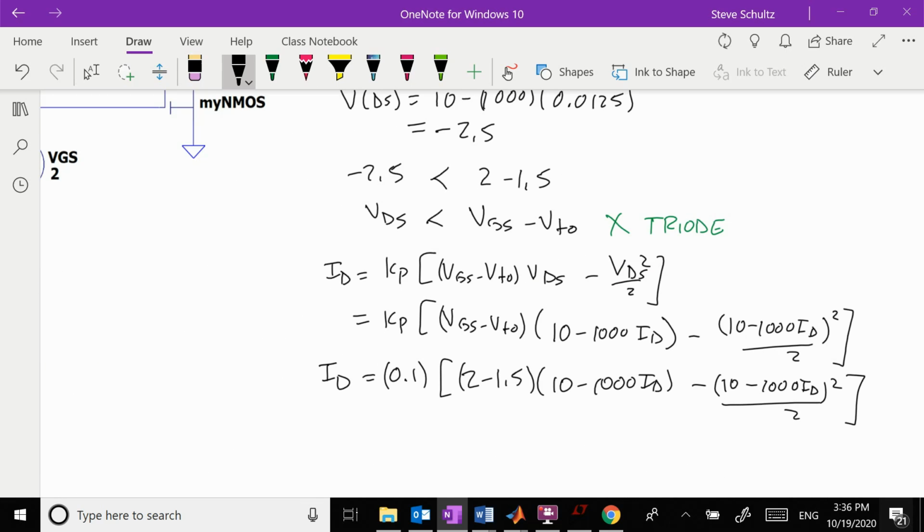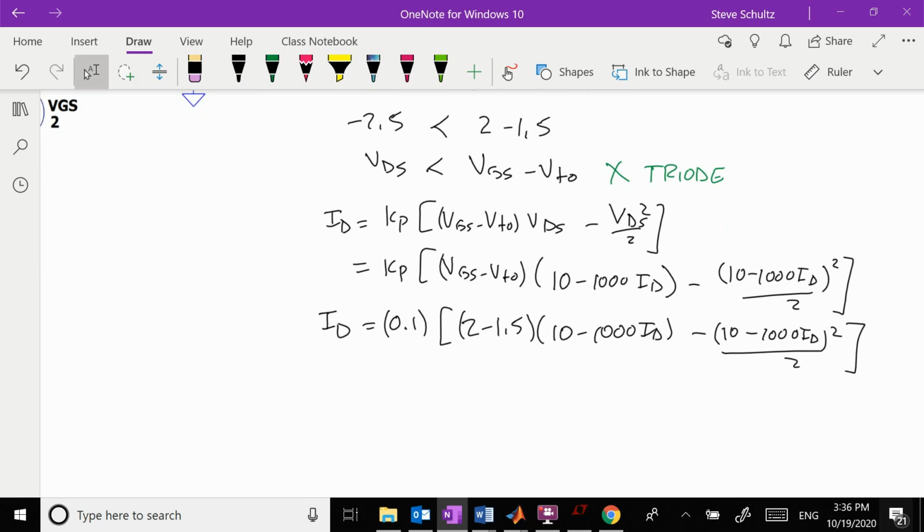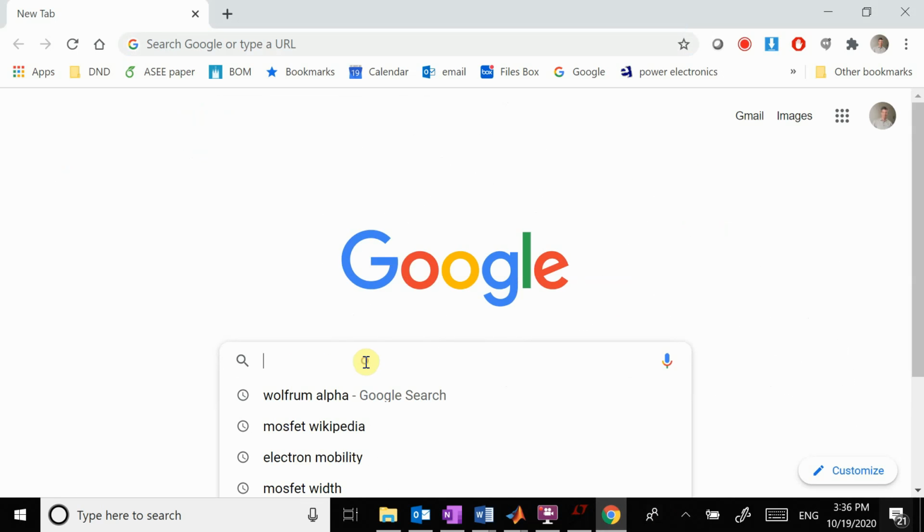Well, now I have a big quadratic equation that I have to solve for ID. Well, let's just go plug all this into Wolfram Alpha to do my nonlinear solve.